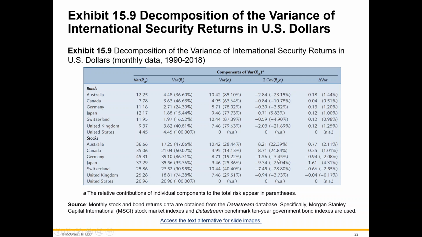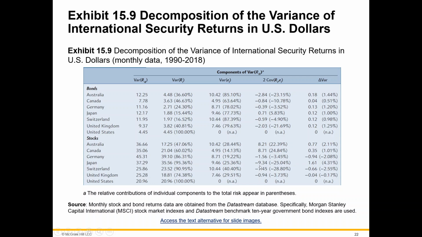And then in particular, Japan. They're very resource poor, and so they're probably subject to that even more so than Germany is. From the perspective of an American domestic investor, there's quite a bit of difference between the risk levels of the various countries, factoring in exchange rate risk. In general, though, that last term has very little contribution, with the exception of Japan, where it's a little bit bigger.